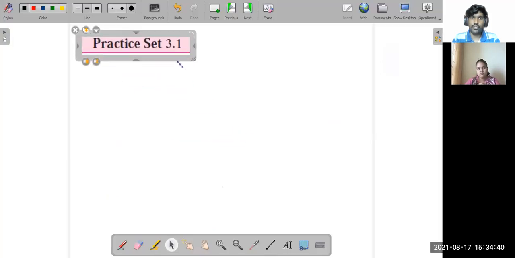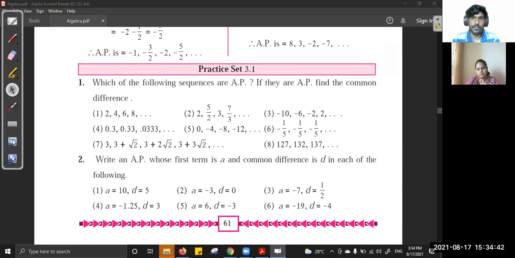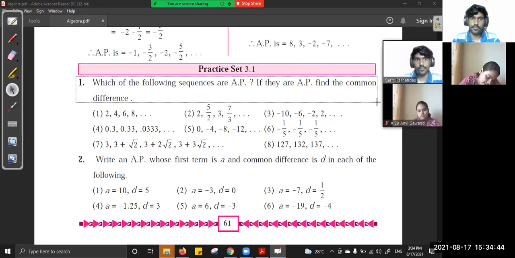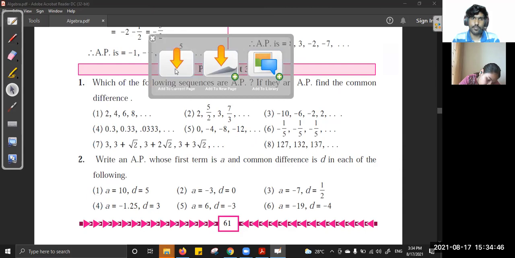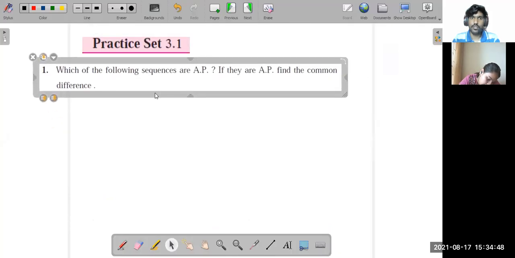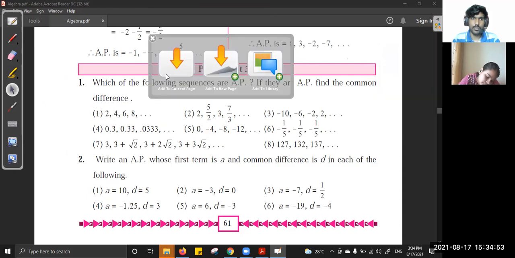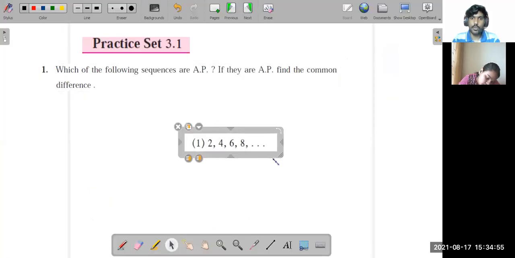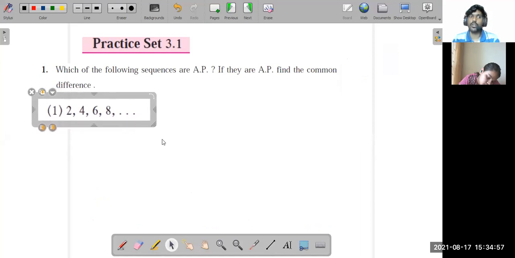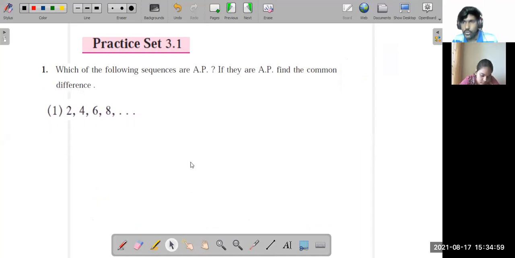You have to check which of the following are AP. Let's do the first one: 2, 4, 6, 8, and so on.